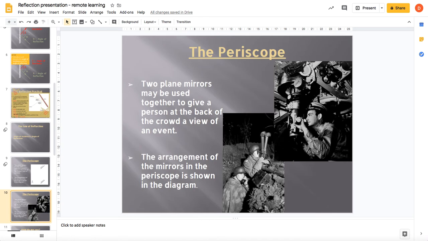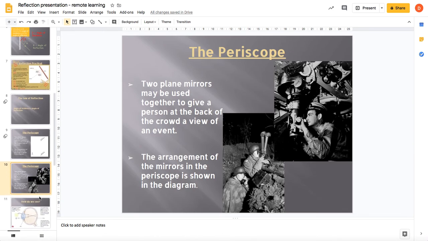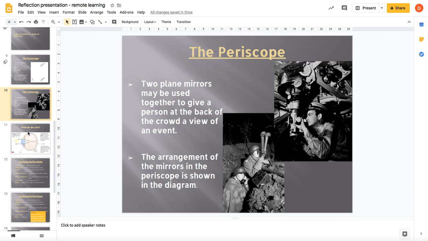Or in a trench or in a submarine. So the submarine doesn't have to surface for someone to see what's going on up there. They can come to periscope depth, which is many meters underneath the surface of the water, and they can see what's going on without having to surface and put themselves in danger.